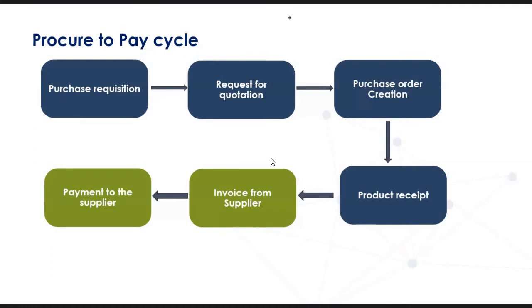So this is something that you will call a non-PO invoice, a non-purchase order invoice, because you do not have a purchase order, correct? So like this, in the organization, sometimes the invoices will be related to the purchase order, and sometimes those invoices could be not related to the purchase order.